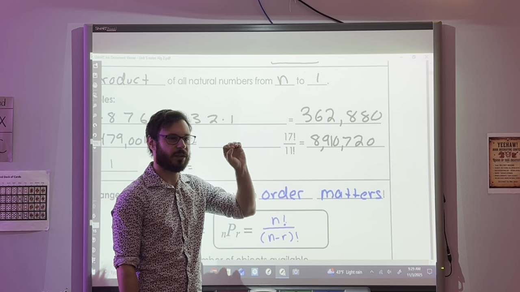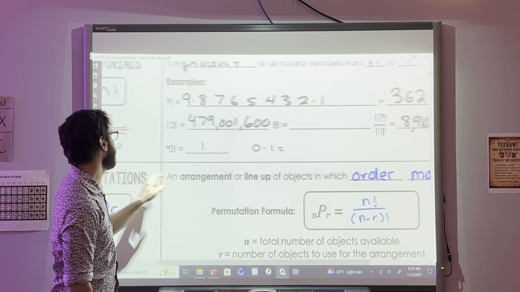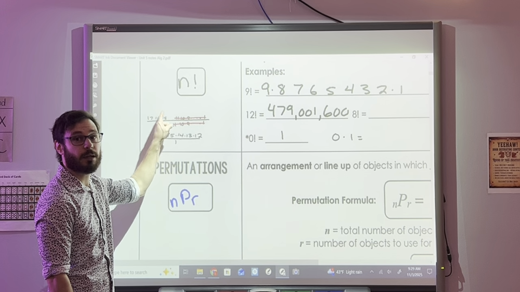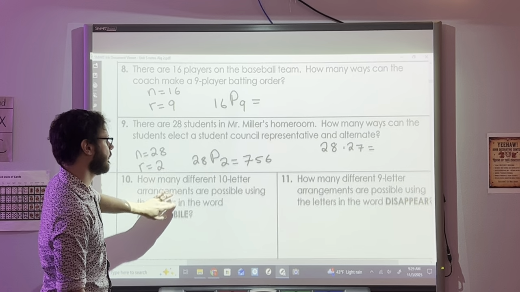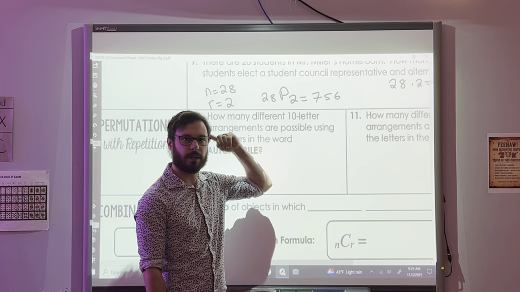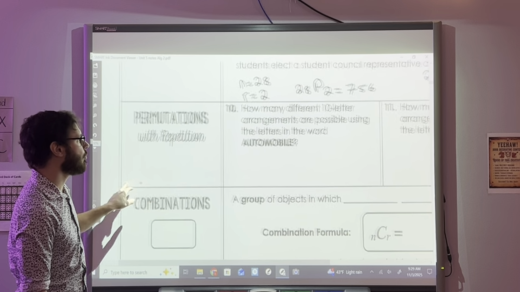So 26 times 25 times 24, that got canceled in the bottom, just like it got canceled in the top, right here. So I was only left with my 28 and my 27. That's how these things connect. But if that's not sticking, don't worry about it. Calculator, just like that.